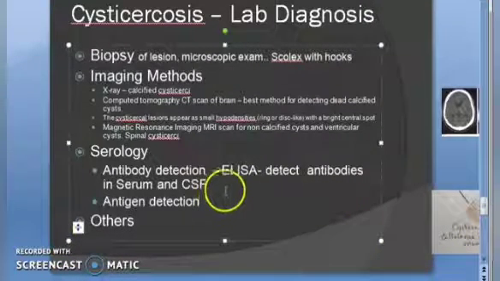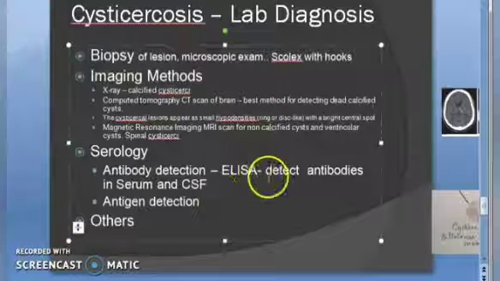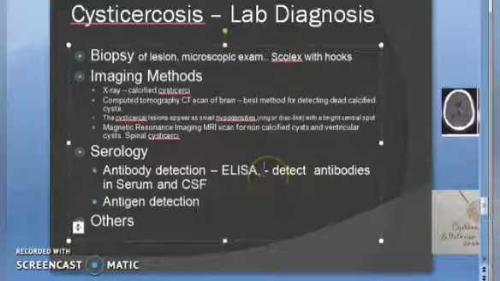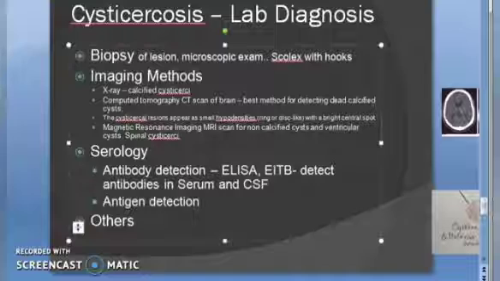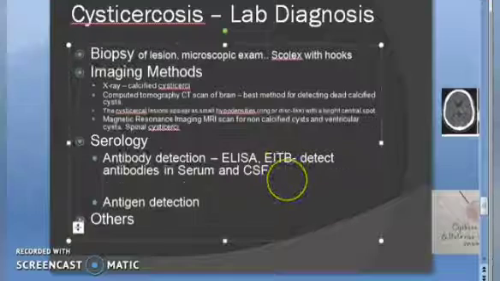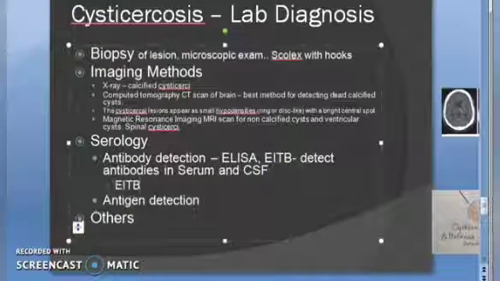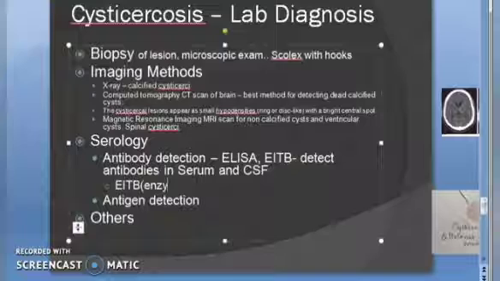Now you can also use another technique, that is EITB, enzyme linked immunoelectrotransfer blot.